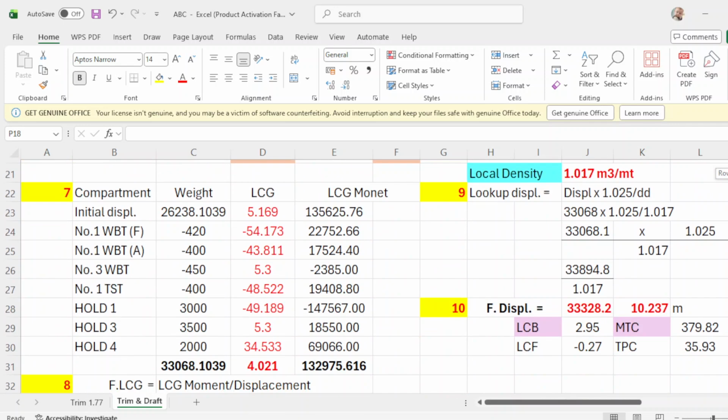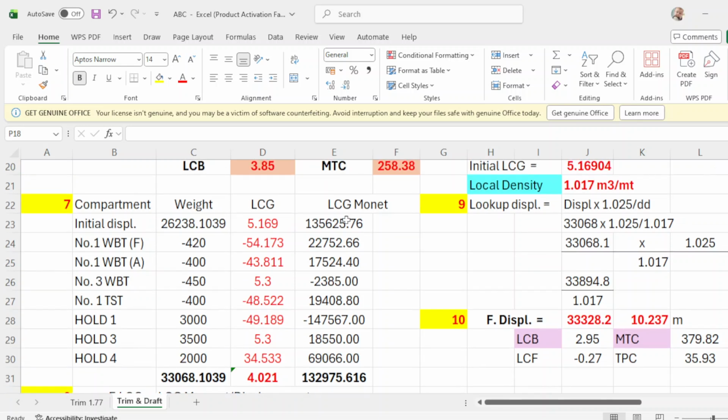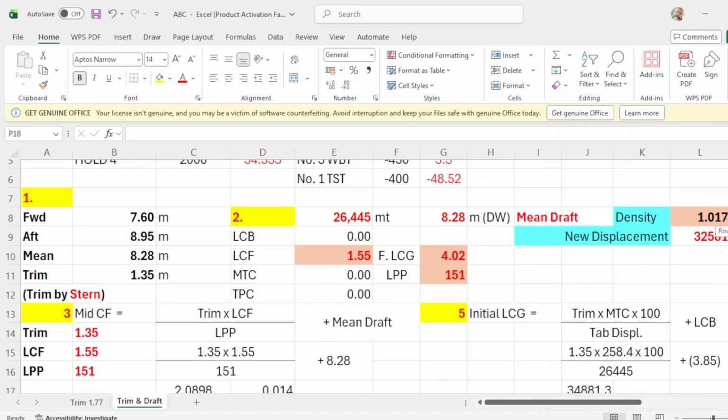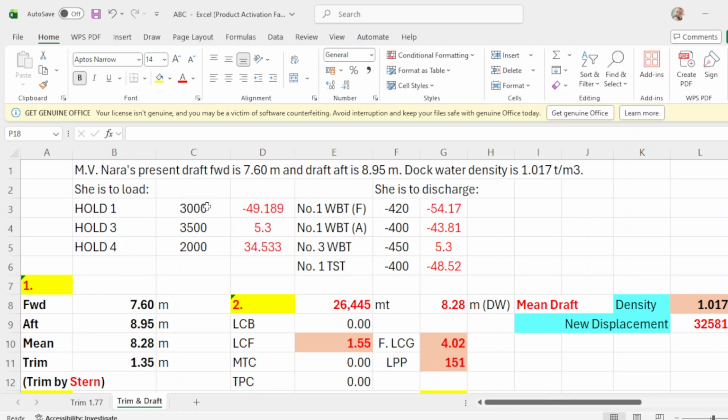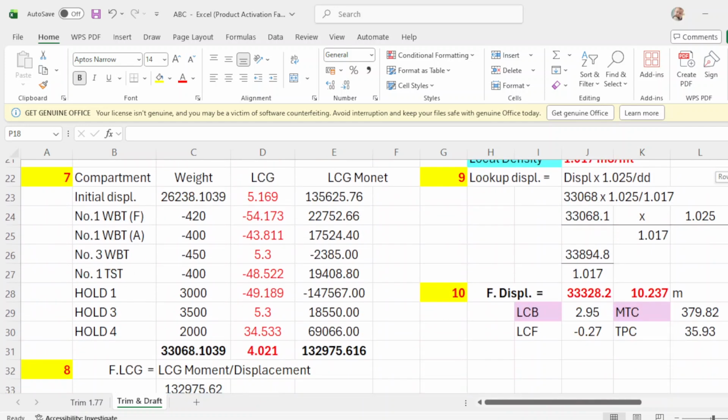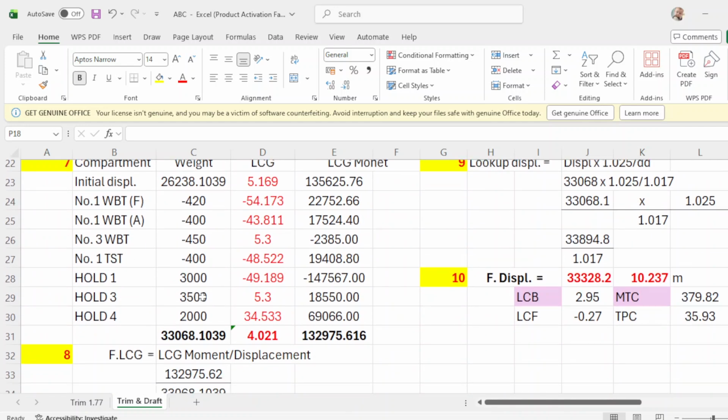And this is the LCG for each compartment, and put the holds to be loaded, which is 1, 3, 4, and the corresponding weight, that will be this one.